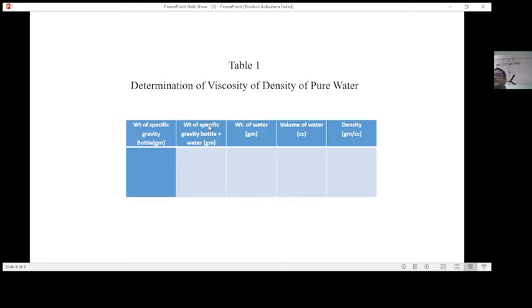With the specific gravity bottle, we will first determine the density of pure water. Weight of the specific gravity bottle empty and with water, and the difference is given here. The volume is given on the specific gravity bottle, may be 25 or 50 ml. Density will be given in gram per cc. This is table 1.